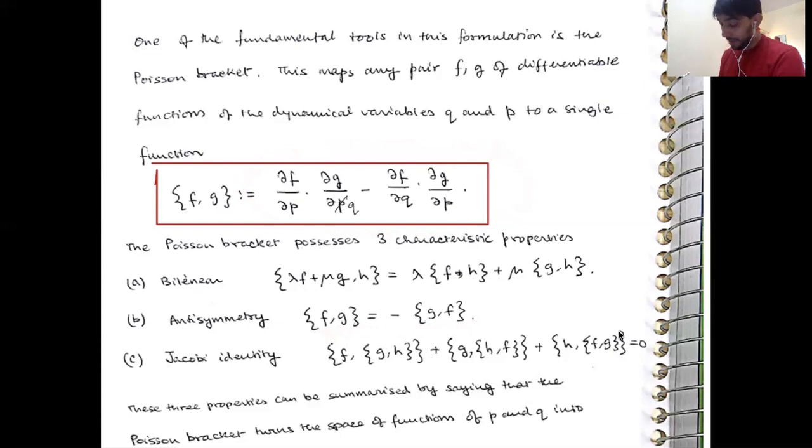The other very important property that this bracket follows is something called the Jacobi identity, which is going to be very, very important for us going forward. So this particular triple bracket becomes equal to 0. You should remember that these are in order.